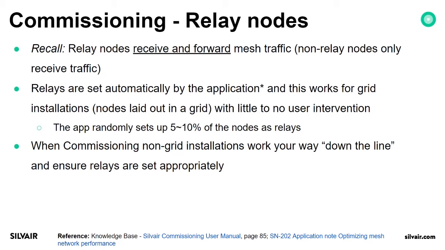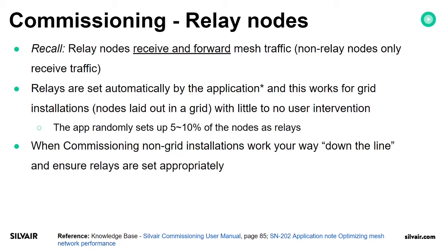Relays are set automatically by the application, and this works for grid installations, nodes laid out in a grid with little to no user intervention. The application randomly sets up 5 to 10% of the nodes as relays. Of course, it can be changed manually if needed.